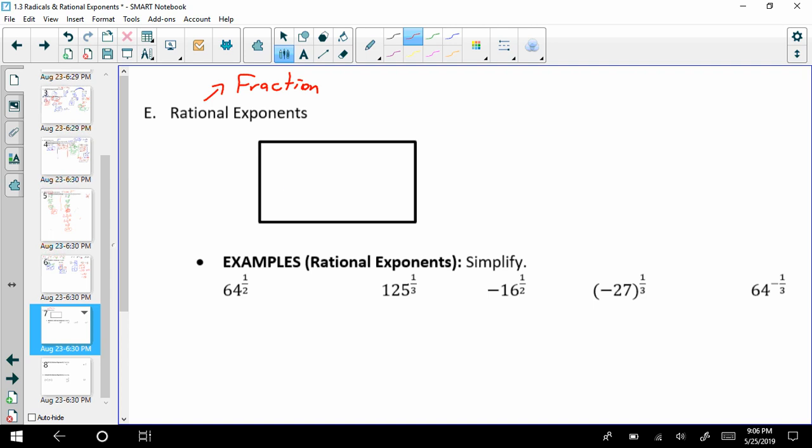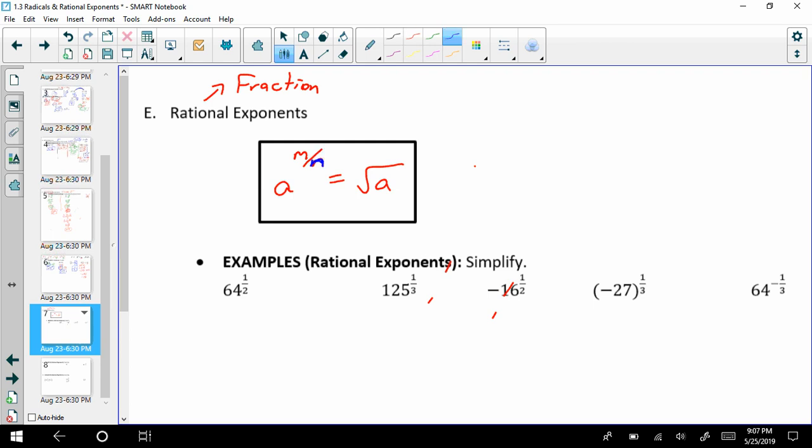So all this means is if I have a number raised to a fraction exponent, it can be rewritten in radical form as the radical of the number.